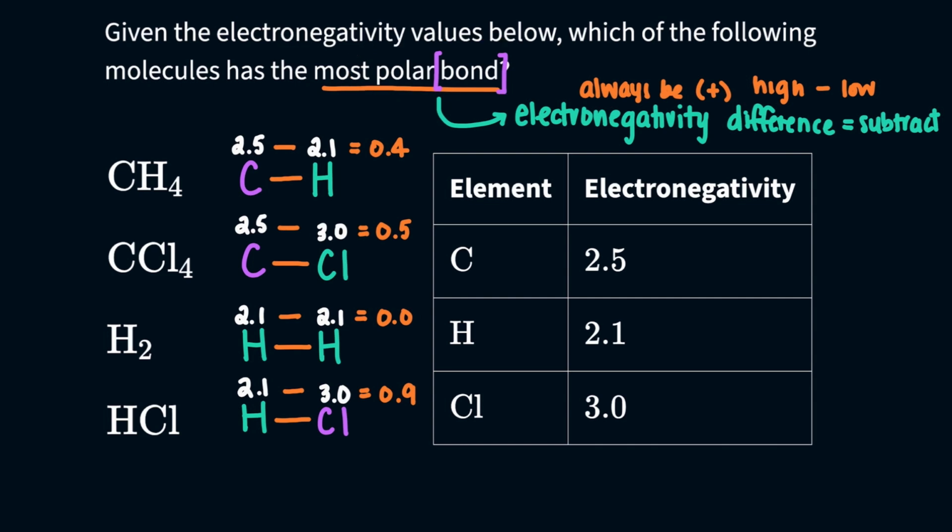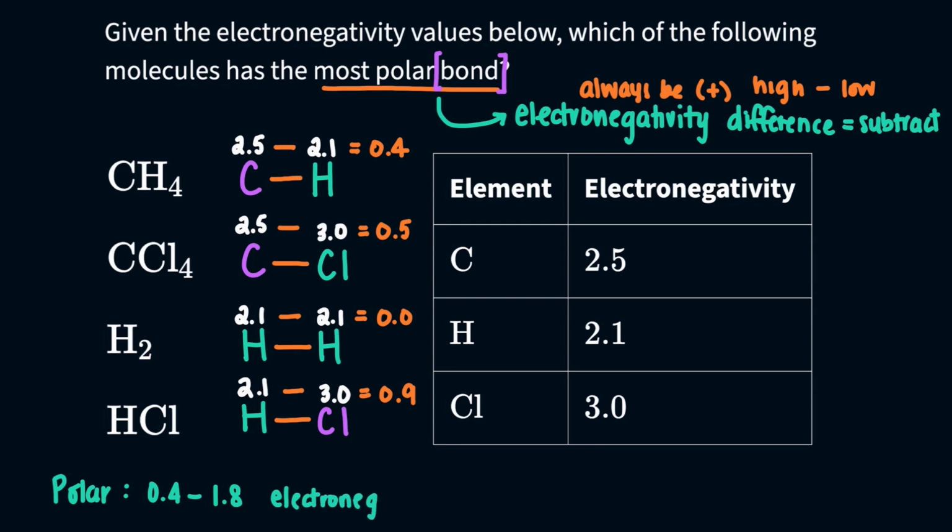Now, if you have a polar bond, just know that you have an unequal distribution of electrons in the bond. One atom is pulling the electrons towards itself. And if we are describing a bond as polar to begin with, the consensus is that you have to be between 0.4 up until 1.8 for your electronegativity difference.